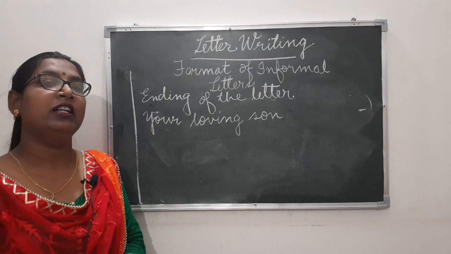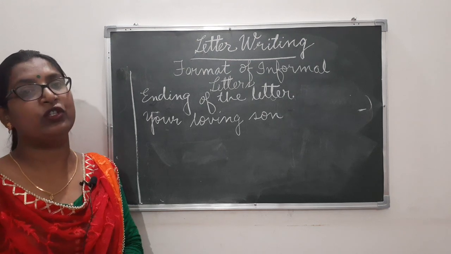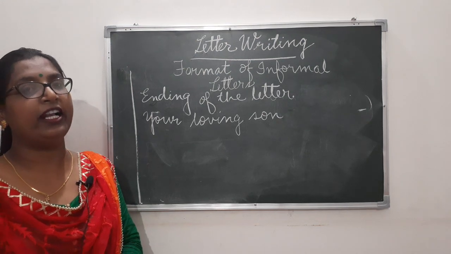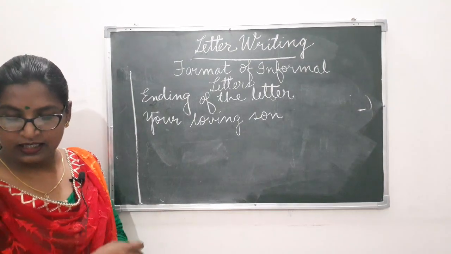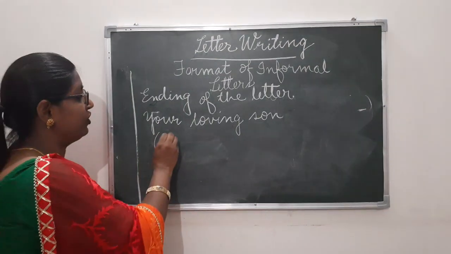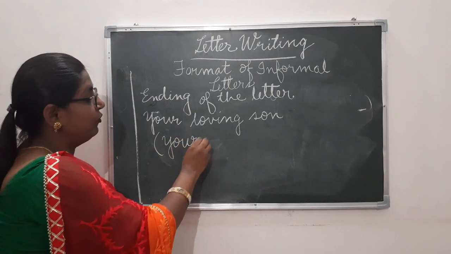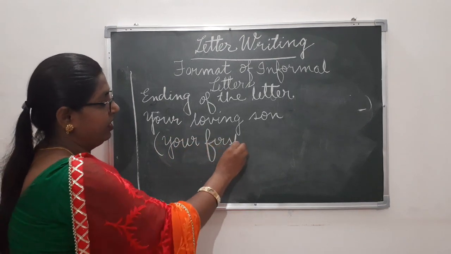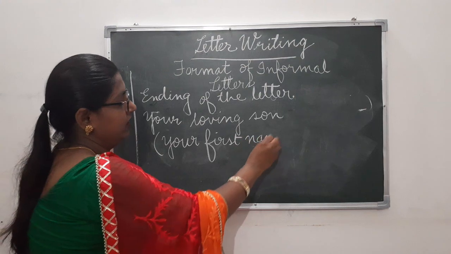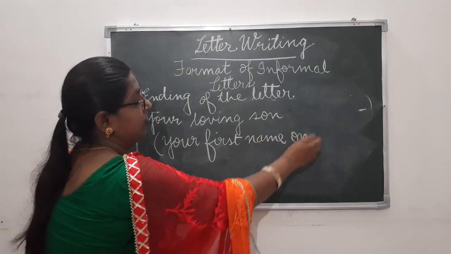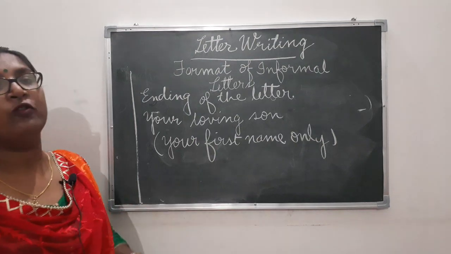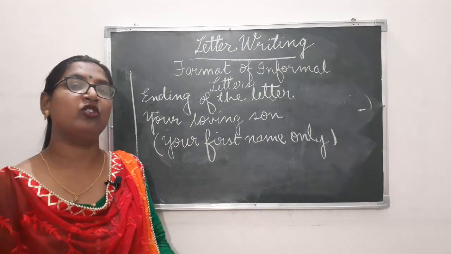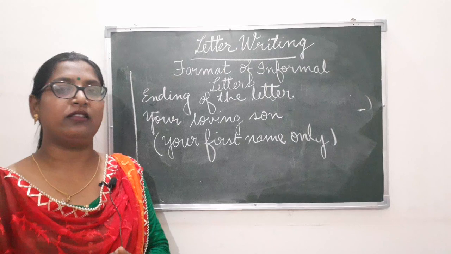These are the complementary clauses we use for ending the letter. And at last we write the name. You should write only your first name. So this is the format of informal letter writing.